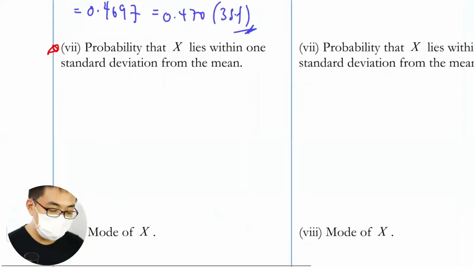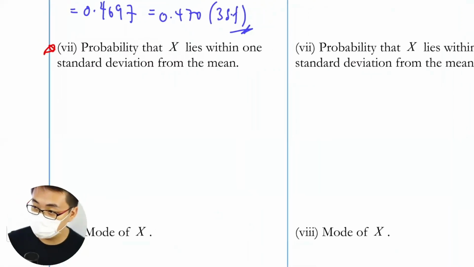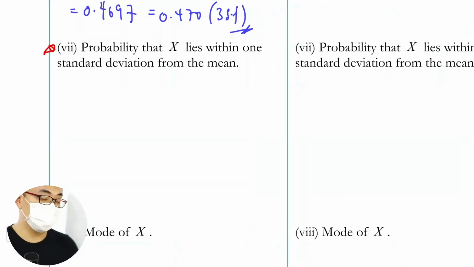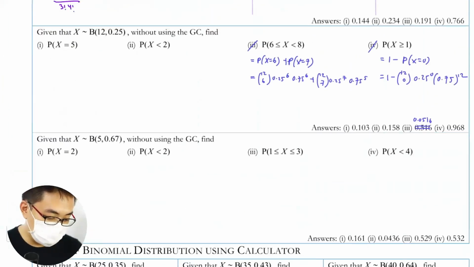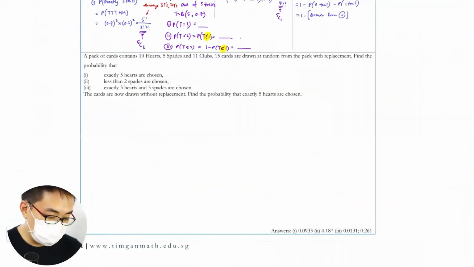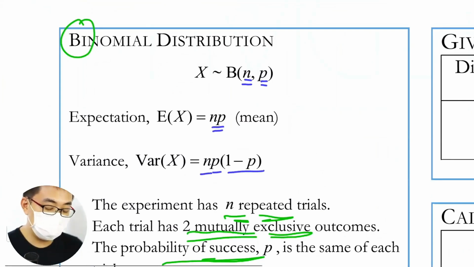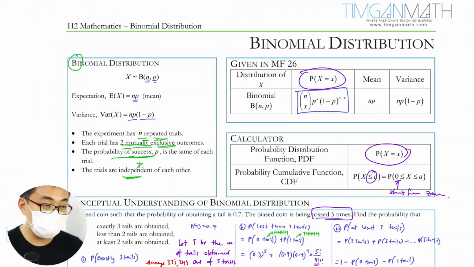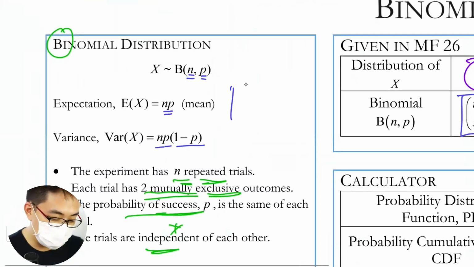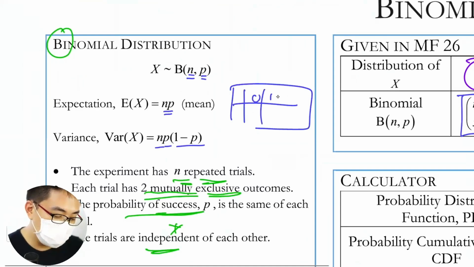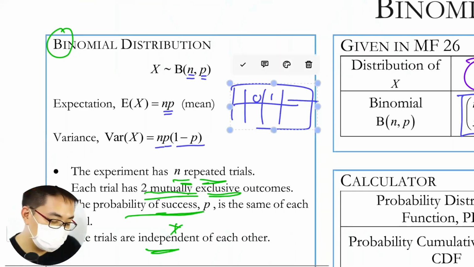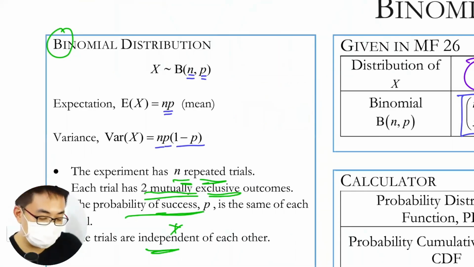Now, every distribution that we learn is going to have a mean and a variance, which means standard deviation. So just take note, the variance and standard deviation are also given in MF26. The mean is n times p, and the variance is np(1 minus p), okay? It's actually a discrete random variable. If you were to list all of 0, 1 and so on, then multiply them, you definitely get the expectation np.